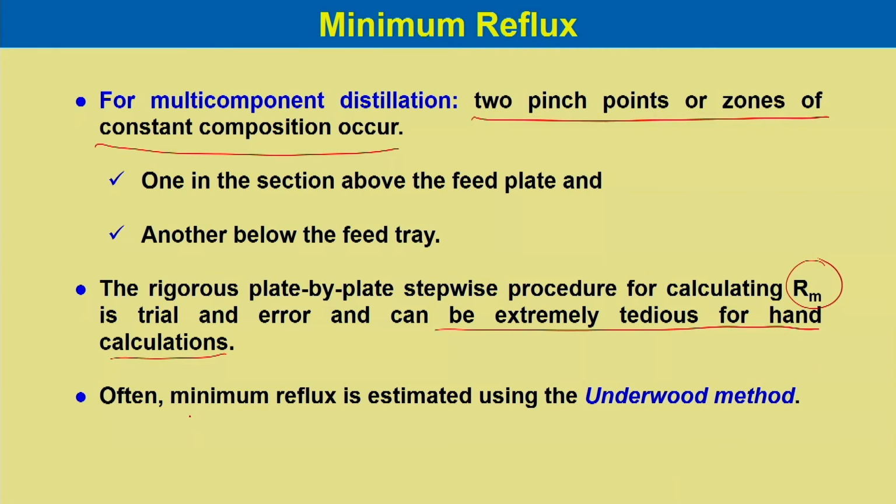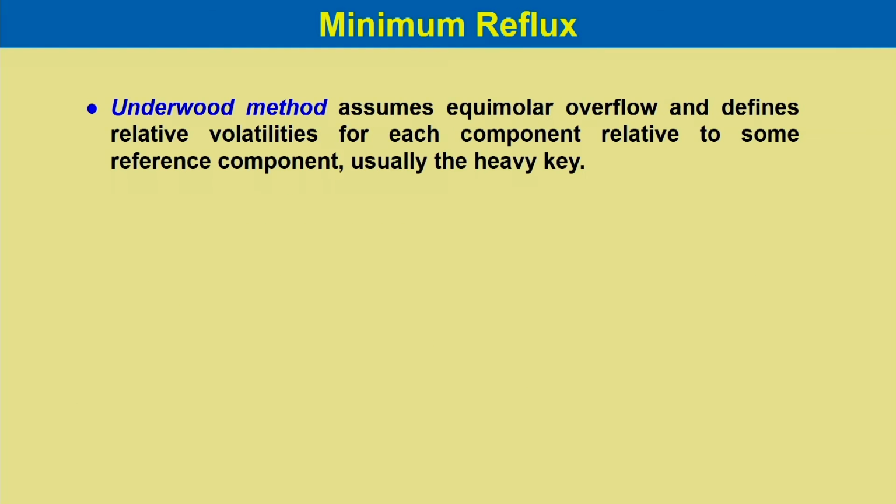Often minimum reflux is estimated using the Underwood method. The Underwood method assumes equimolar overflow and defines relative volatility for each component relative to some reference component, usually the heavy key, which is considered as the reference component.